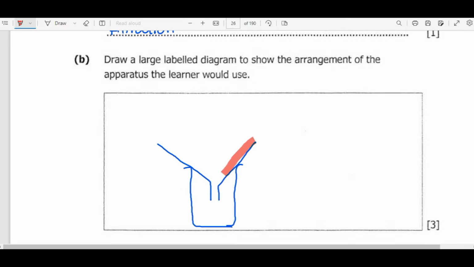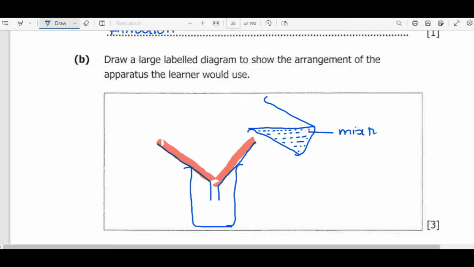So we put a filter paper somewhere here. Then from there, we can call it maybe a beaker where there is the liquid, the mixture. So here we have a mixture of water and mud.